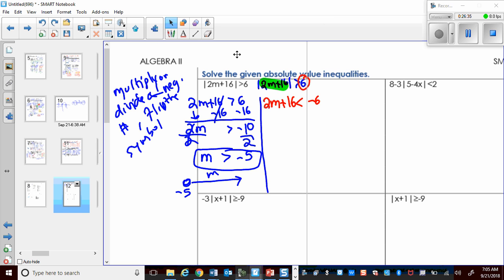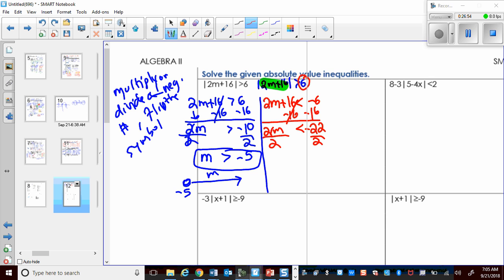Now, on the other side, I'm still going to take this same first step. I'm going to subtract 16 on both sides, solving for that m term. I get 2m's, goes away, symbol comes down, -22, divide by 2 across each term, and m is less than -11.